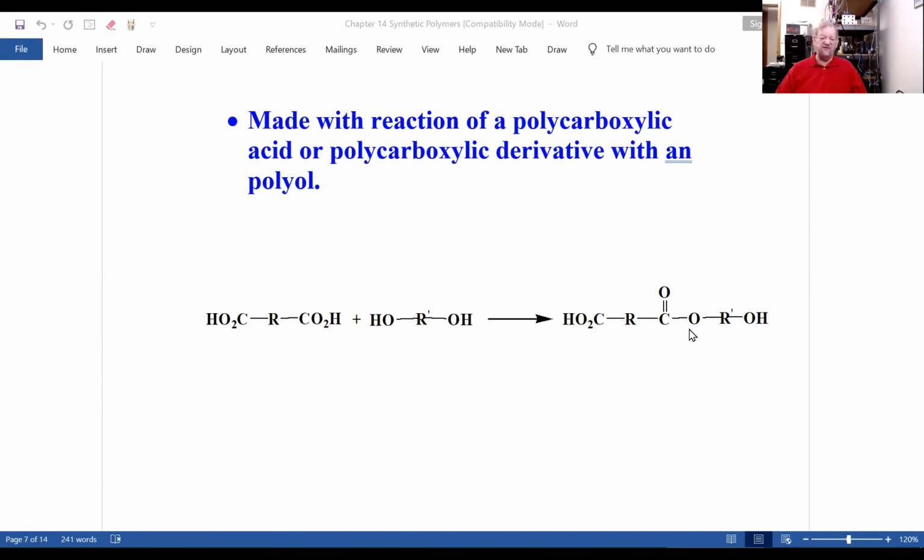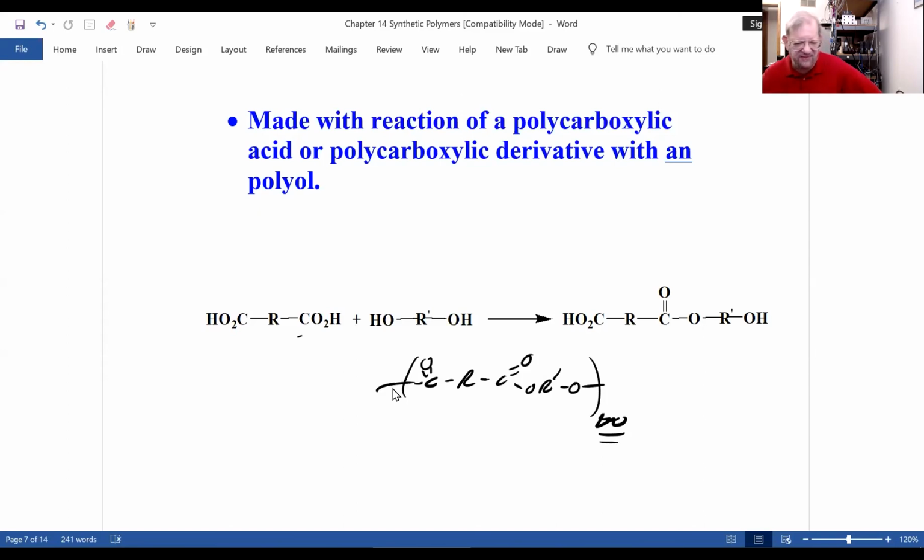Now, this is just the first step, but a polyester would have this repeating unit where n is on the order of 500,000 to a million.